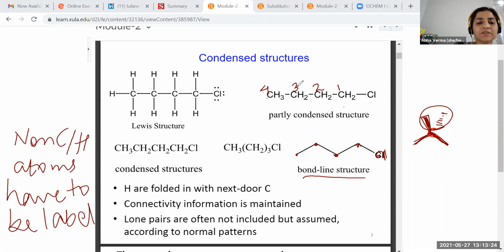I'm sorry, somebody had a question? Okay, don't worry. And so each of these dots, except for this chlorine, is a carbon.